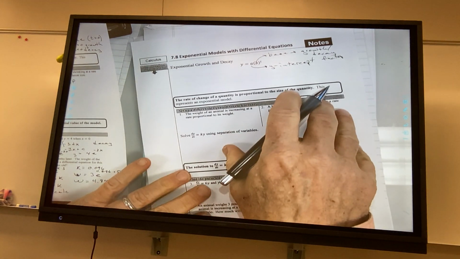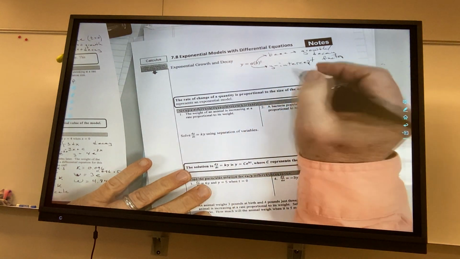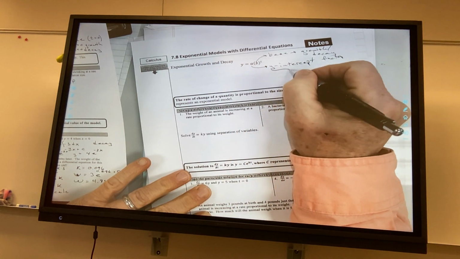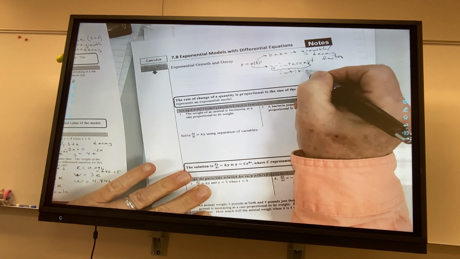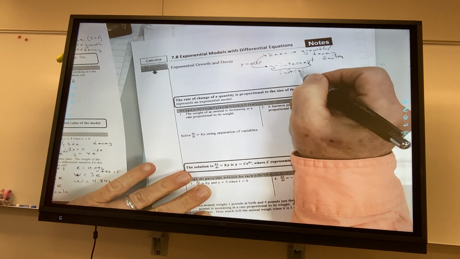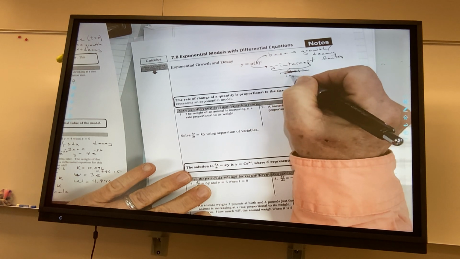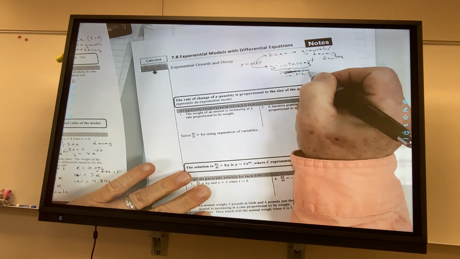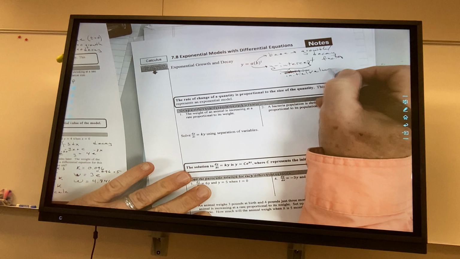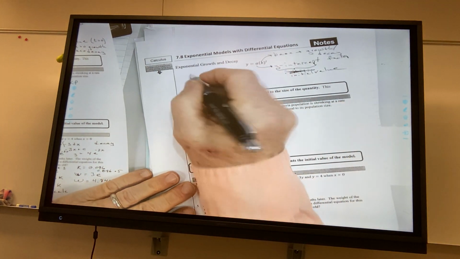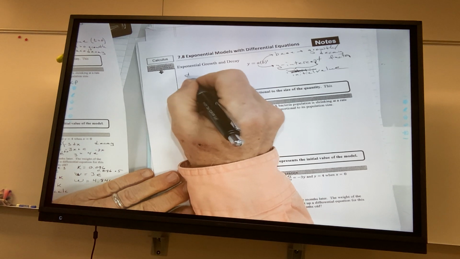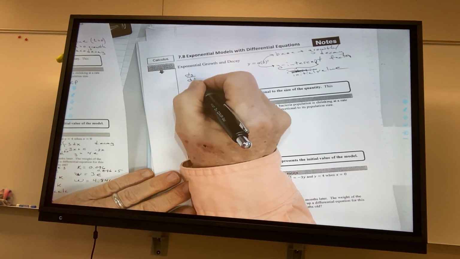So let's say I have something like this. This is also the initial value. I am going to have dy over dt.